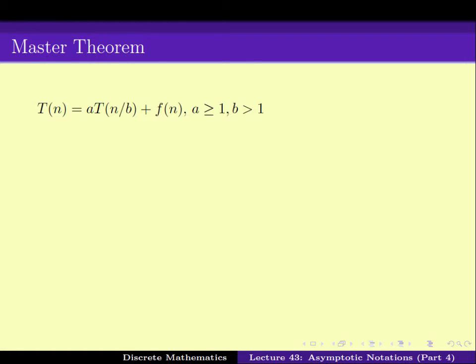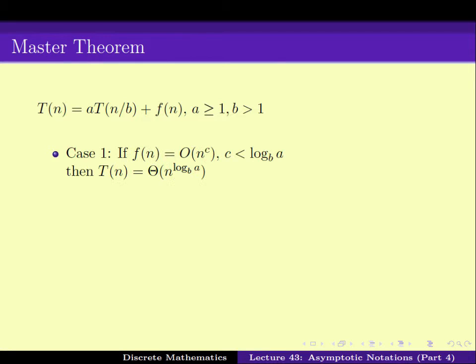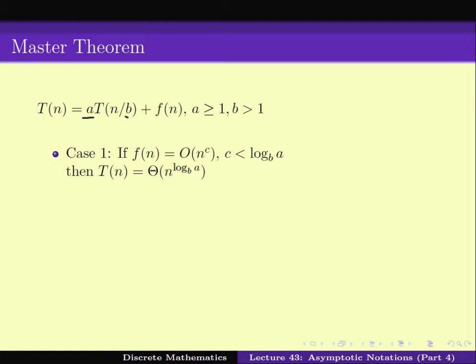and if a is greater than or equal to 1 and b is strictly greater than 1, then in the first case, if f of n is big O of n power c, where c is less than log a base b, where a and b are these two numbers, then T of n is theta of n power log a base b.